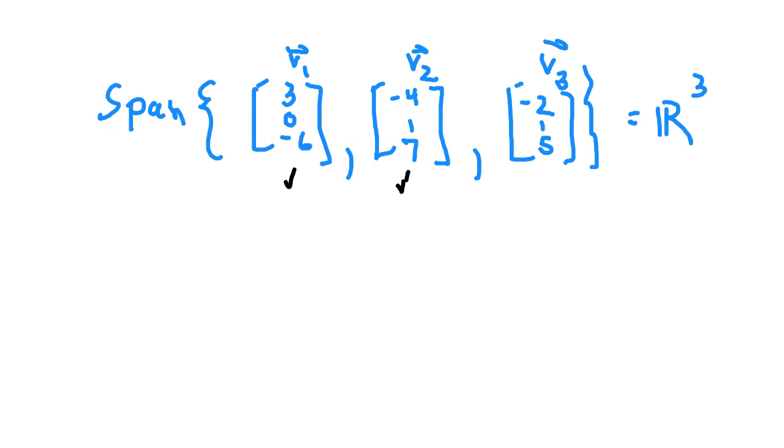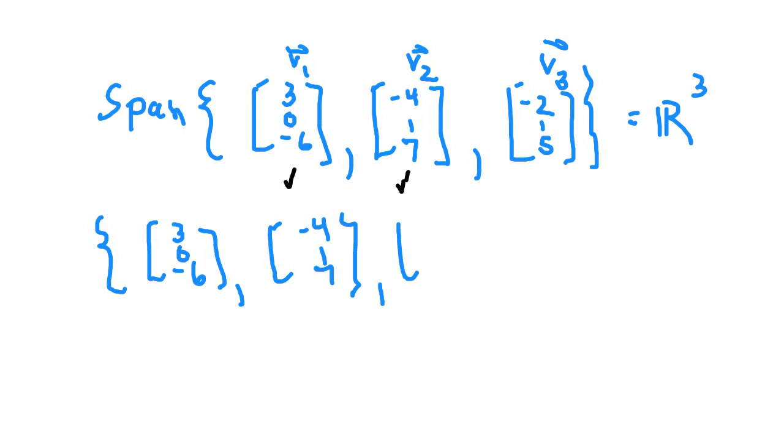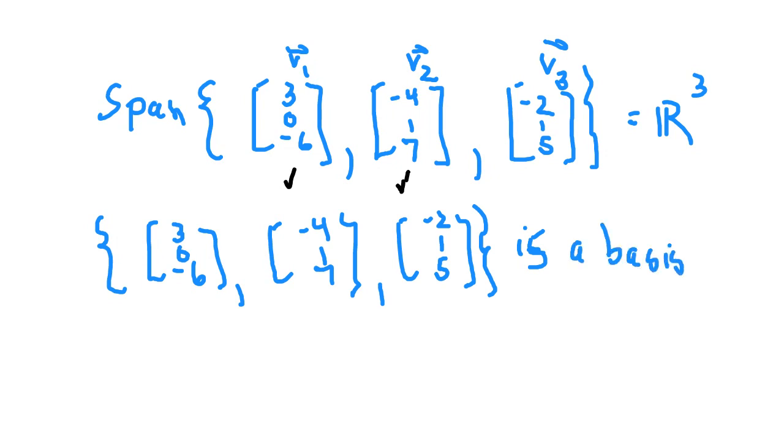Okay, so we had a basis. In other words, this set here, 3, 0, negative 6, negative 4, 1, 7, and negative 2, 1, 5, this is a basis for R3.